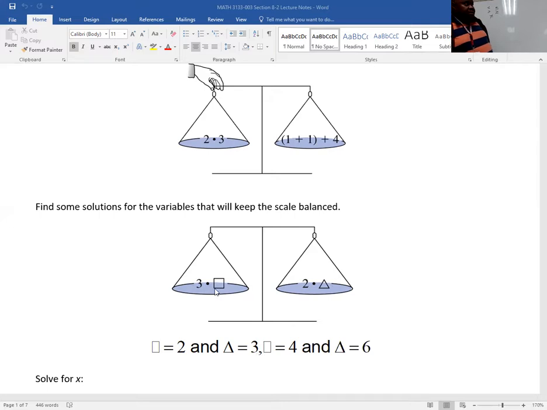Well, 3 times 2 will be 6 and 2 times 3 will be 6. Or we can say that the square will be 4 and the triangle will be 6. Well, 3 times 4 will be 12 and 2 times 6 is also 12. So here there are a variety of answers where the left side and the right side do balance.